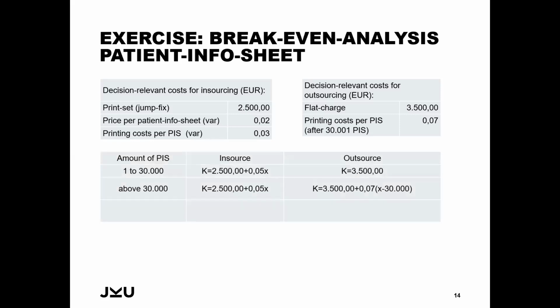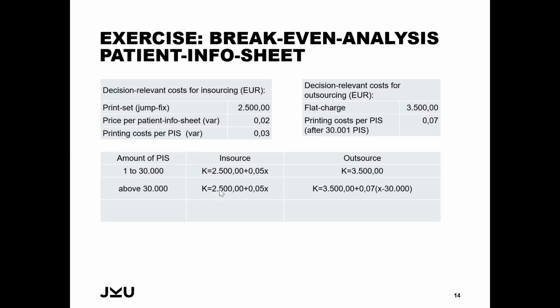So those are, as I already mentioned, two or three different cost functions, namely, on the one hand, this cost function, 2,500 plus 5 cents times X, we don't know yet how many, equals the 3,500 as a cost function.